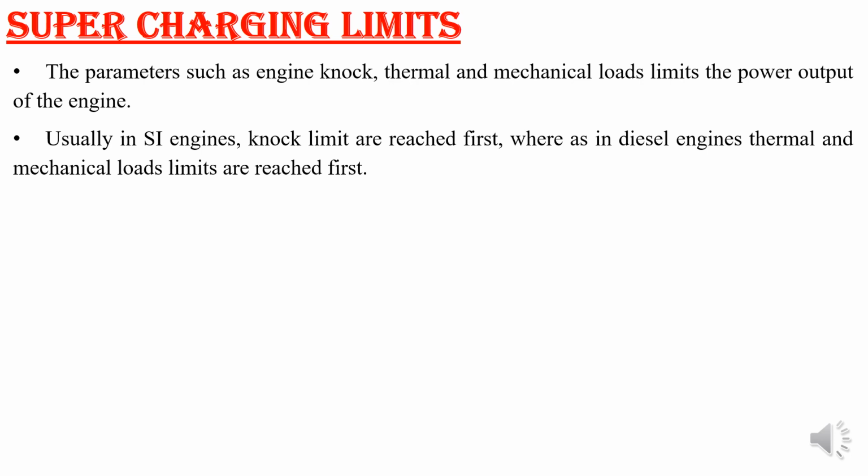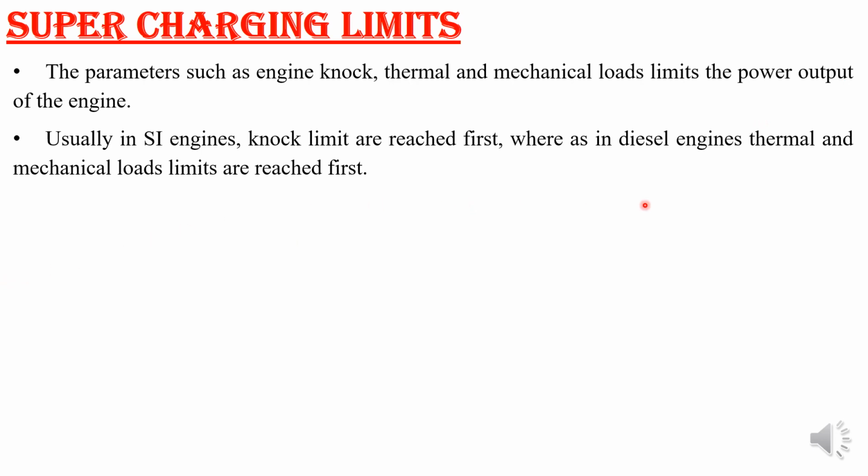Usually in an SI engine it is limited by the knocking limit, whereas in a diesel engine it is limited by the thermal and mechanical loads. Okay, these are the conditions we will have. So SI engine supercharger limits are different from CI engine supercharger limits. In SI engine it is because of the knocking limit, whereas in diesel engine it is because of thermal and mechanical loads.